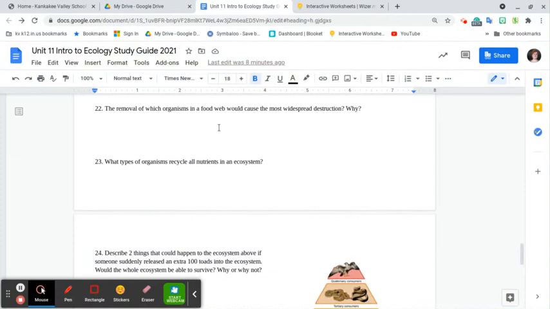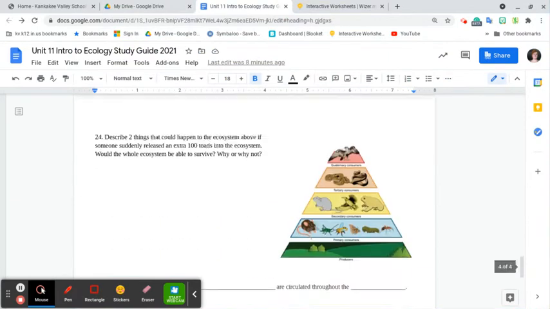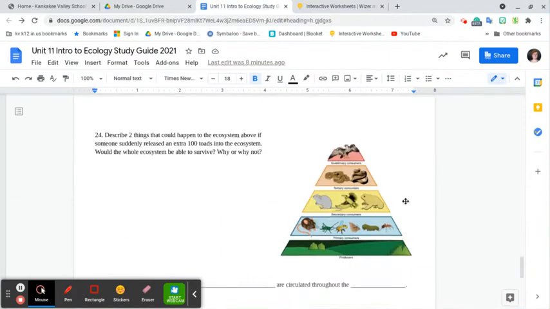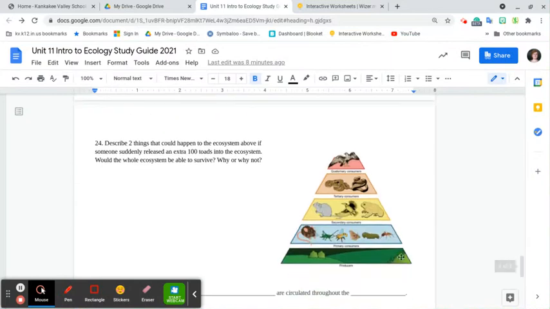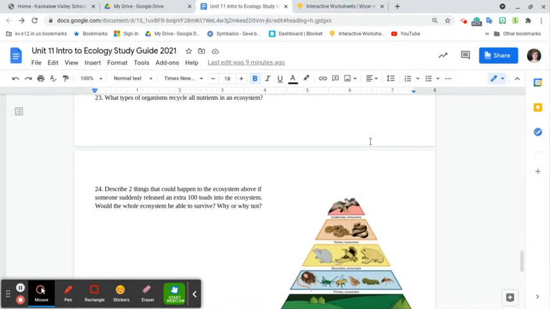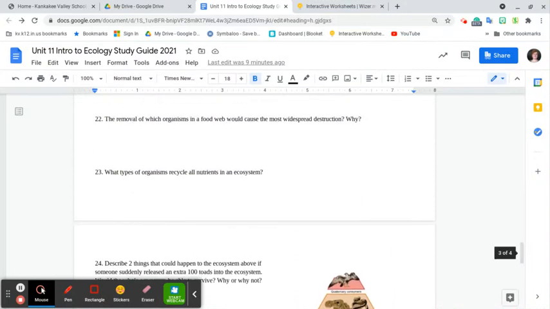The removal of which organisms in a food web will cause the most widespread destruction and why? Well, if you wipe out the plants, right? If I wipe out the plants, everyone else is going to be greatly affected.